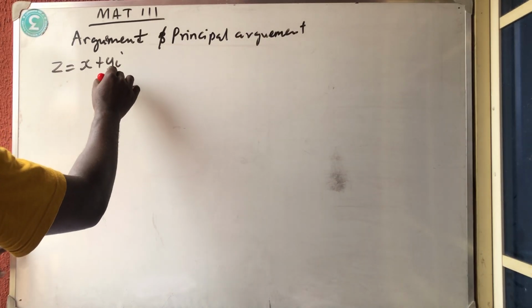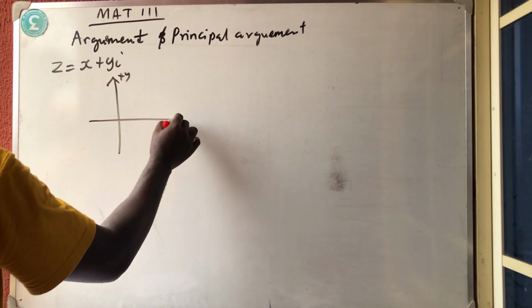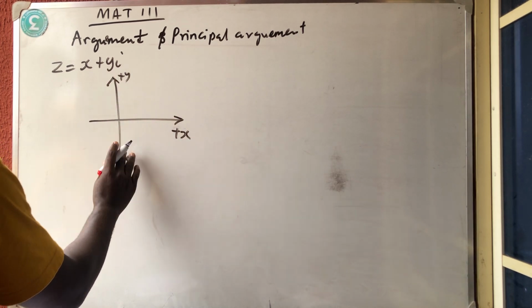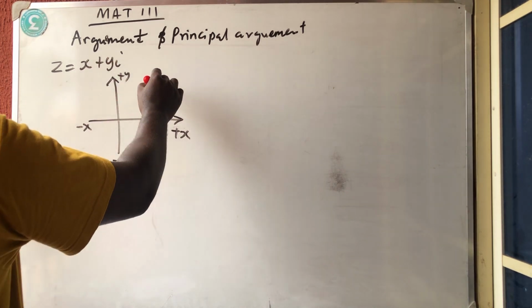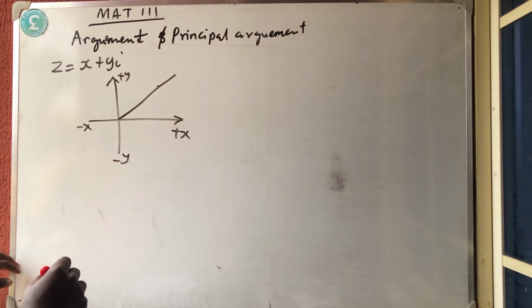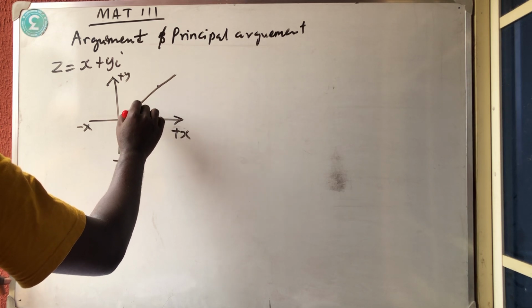So if you draw this, this is your positive y, positive x, negative y, and negative x. So this is positive, so it will fall here. If it's going to fall here, you draw a line like this. Here is the place you are looking for.